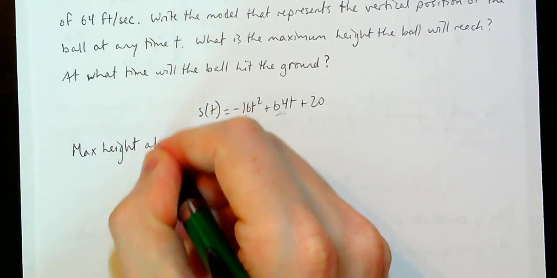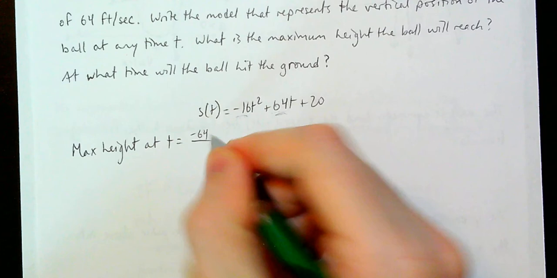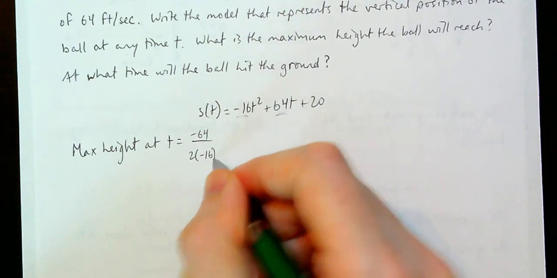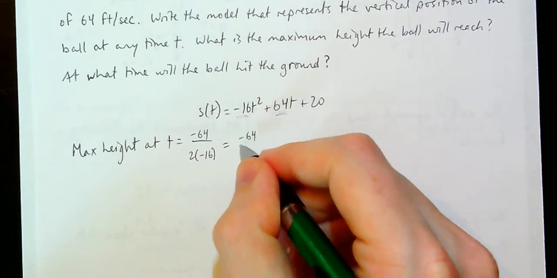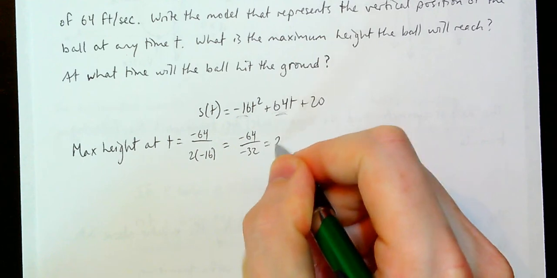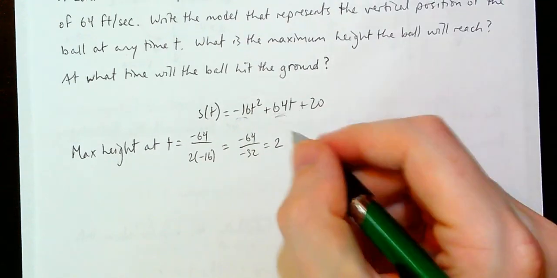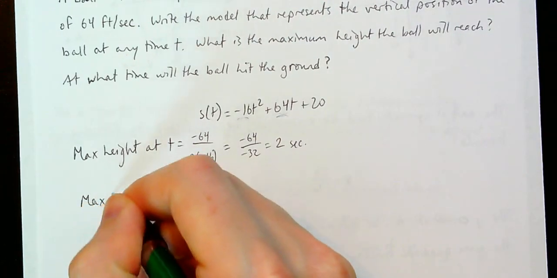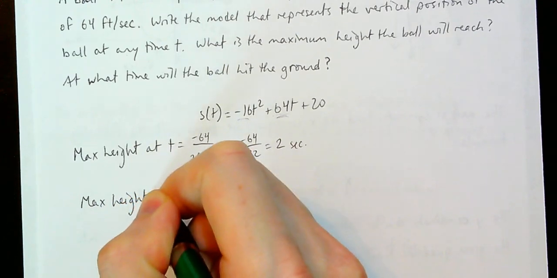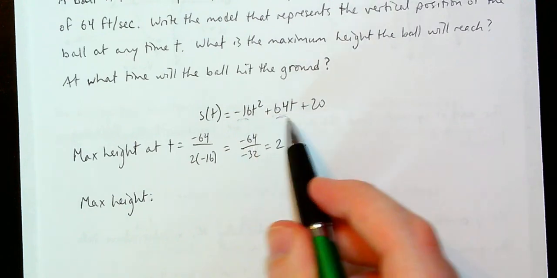So the max height happens at t equals minus b divided by 2 times the minus 16. So I have minus 64 divided by minus 32, or a positive 2 seconds. So now to find that maximum height, I take this value of 2, I plug it in for t here in s.